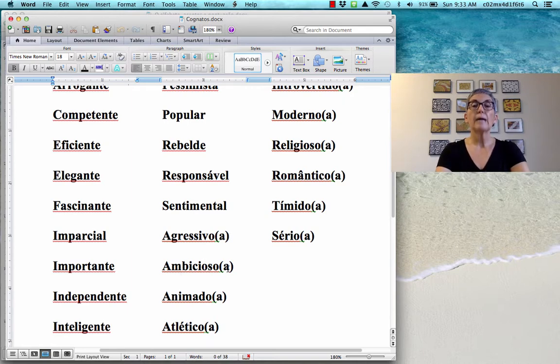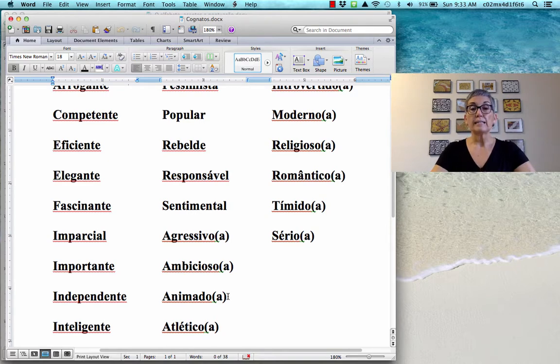Ambicioso, ambiciosa. Remember what I told you? If the S is between two vowels, the pronunciation of the S will be Z, ok? Ambicioso. Animado, animada. Here, animado, it can be animated, okay, like animated, like cartoons, for example, okay?